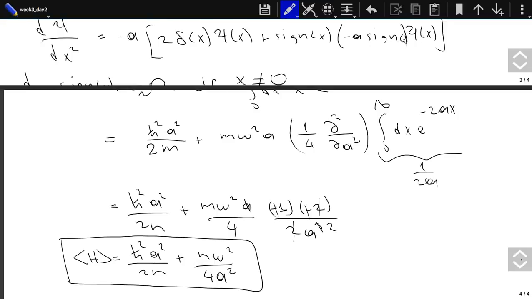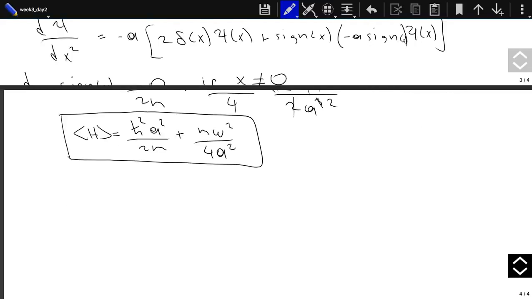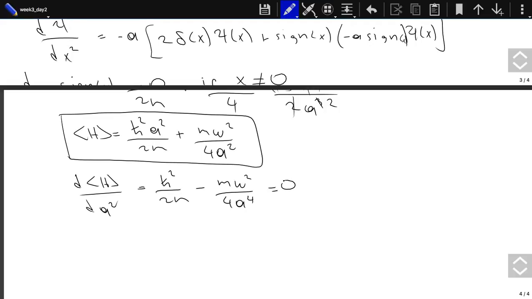Now I need to minimize this one. Let me minimize with respect to a squared rather than a. The derivative of the h bar term: h bar squared over 2m minus m omega squared over 4a to the 4, this should be 0.